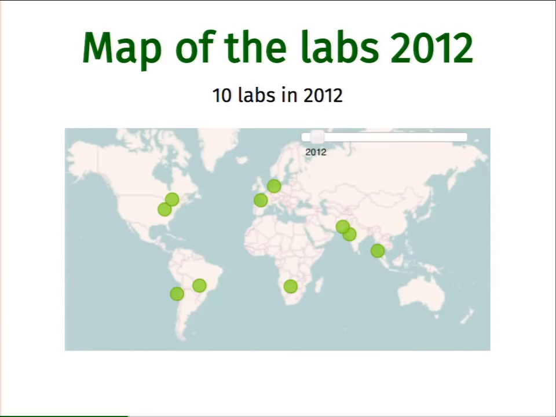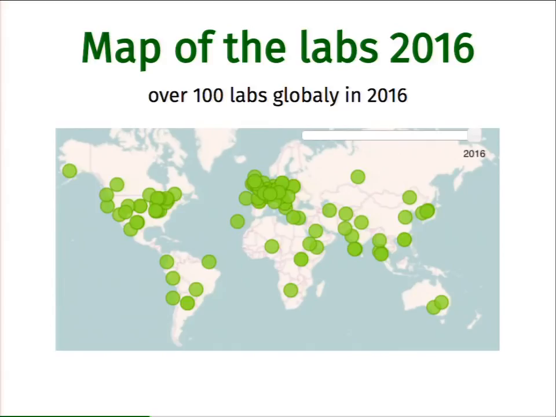So this is how the map of the labs looked in 2012, and this is essentially how our initial idea looked, that we would have these labs on each continent. Australia was missing, but we had people writing us, connecting with us, and this is what we had in 2016.